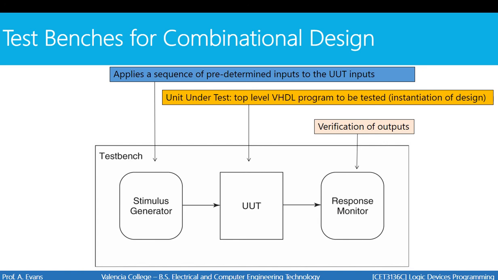And it takes those outputs and compares them to what the known outputs are supposed to be. If your test bench discovers that an output is not correct based upon a given specification, your test bench will give you an error, and then you can go and try to find the source of that error and fix your code.